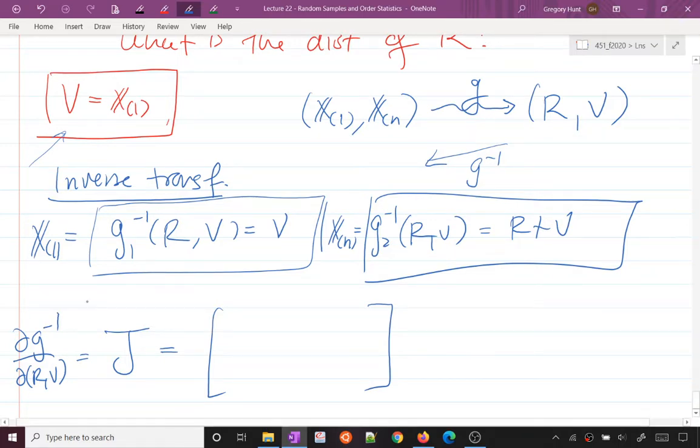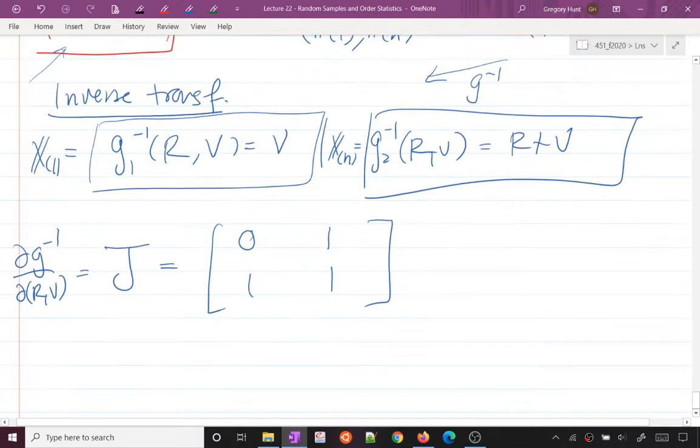So the derivative of g1 inverse with respect to r is just 0, with respect to b is 1. And the derivatives of g2 inverse with respect to r and b are just 1 and 1, because it's just r plus b. And so the absolute value of the determinant of my Jacobian should just give me what? 1. Now, the determinant is negative 1, and the absolute value is 1.